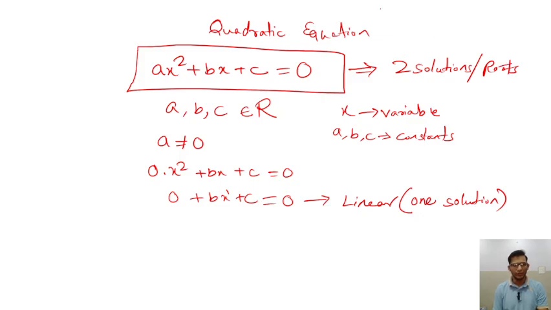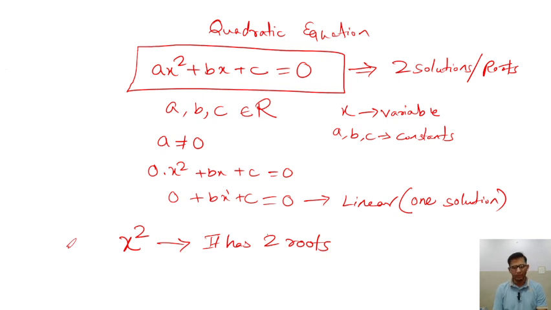The variable is x, and the highest power of the variable is 2. Therefore, it has two roots. I hope this is clear to you.